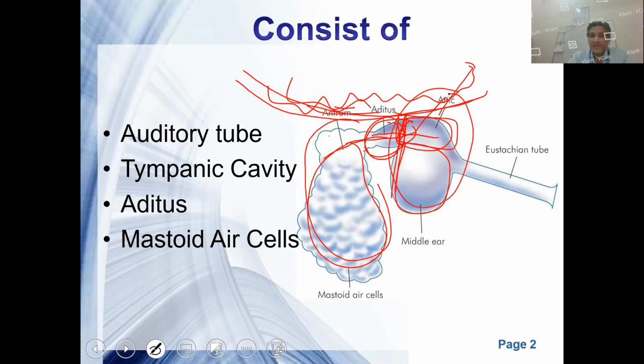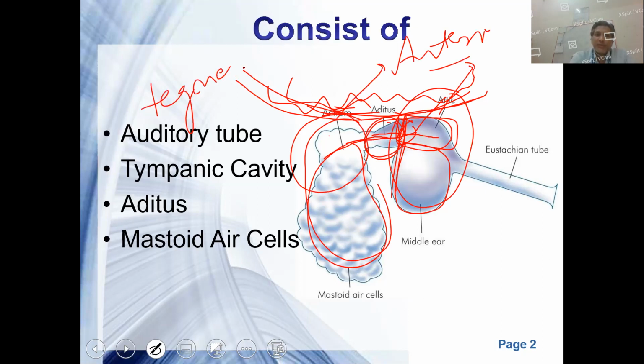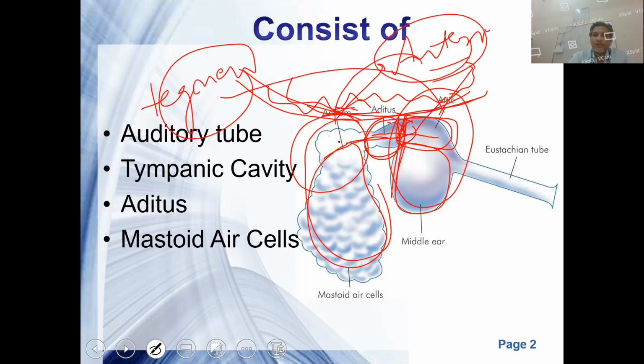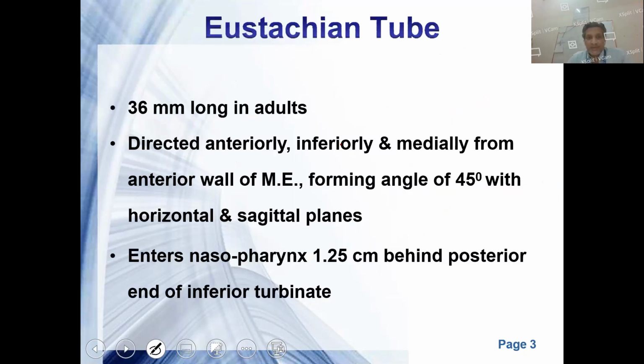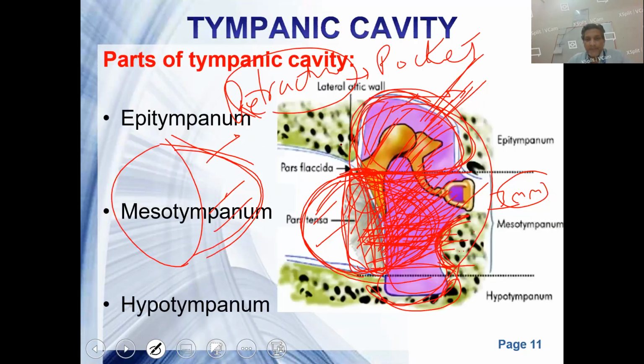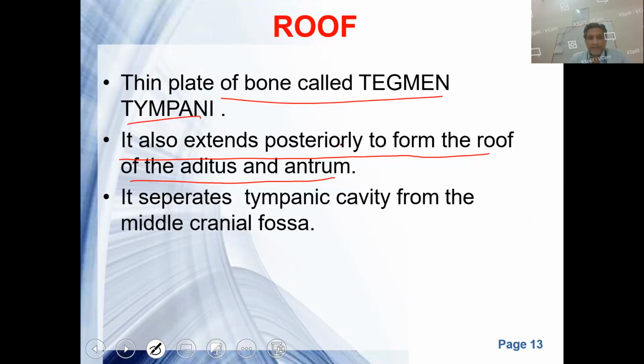Tympani in the sense is the roof of the middle ear, and tegmen antri is the roof of the mastoid air cells. A tegmen is a thin plate of bone. So it separates the tympanic cavity from the middle cranial fossa, MCF.